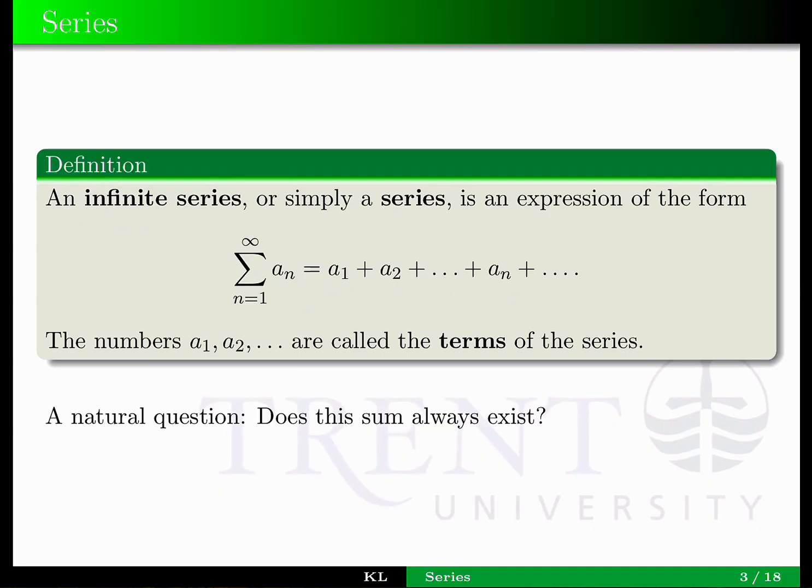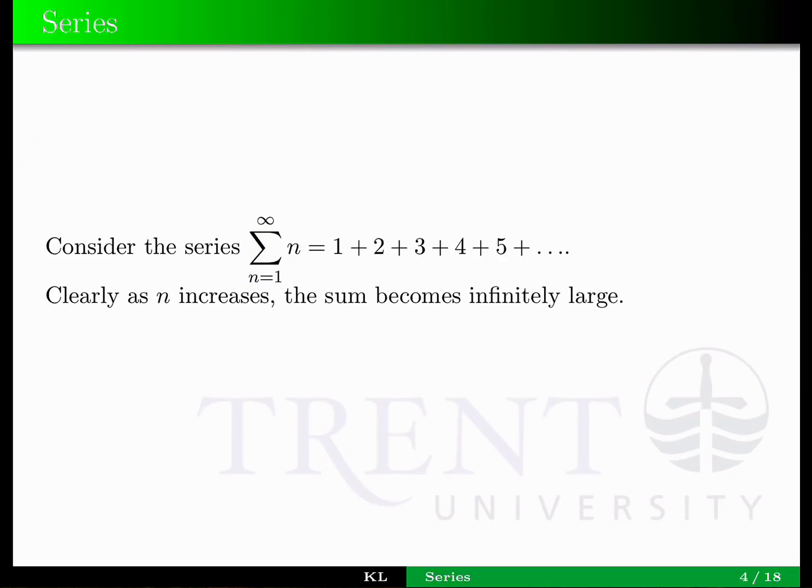So a natural question that can be asked is that given an infinite series, does it have a sum? So do all series have sums? Or if the sum exists, how can we find them? So let us consider the following. We want to consider the sum of n running from 1 up to infinity.